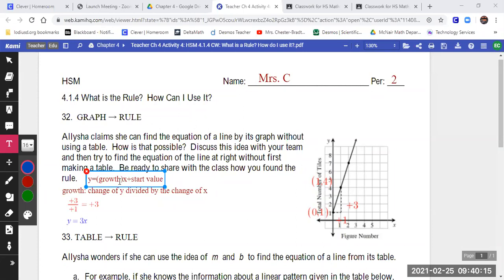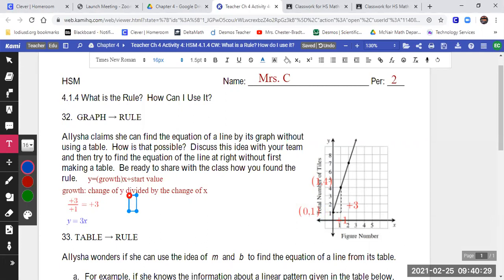What do starting points look like? If it was on a table, what would we be looking for? We'd be looking for the part where it's x equals 0. So we need the starting point, which is the x equals 0 spot.